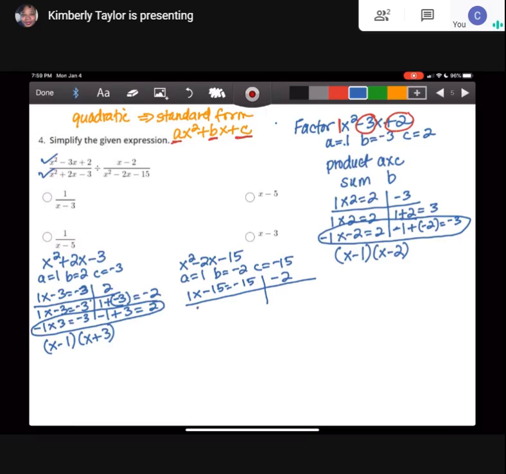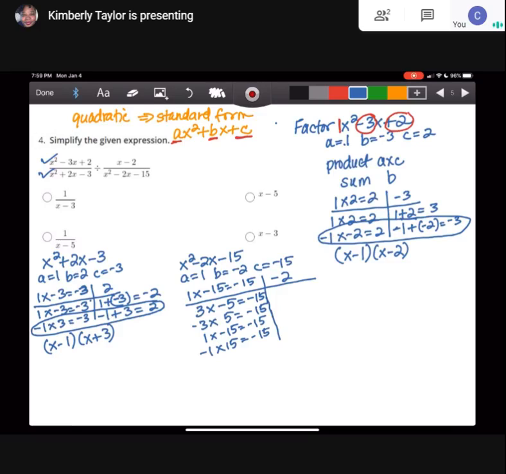I could say 3 times negative 5 gets me negative 15. I can say negative 3 times 5 gets me negative 15. Of course, I could say 1 times negative 15 gets me negative 15. I could say negative 1 times 15 gets me negative 15. So those are the different combinations to get negative 15 when you are multiplying.